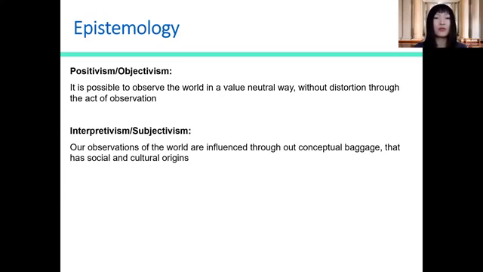So these two, I hope they make some sense to you. I know these two concepts, ontology and epistemology, are very difficult to understand if you don't know them. But hopefully you get some sense.